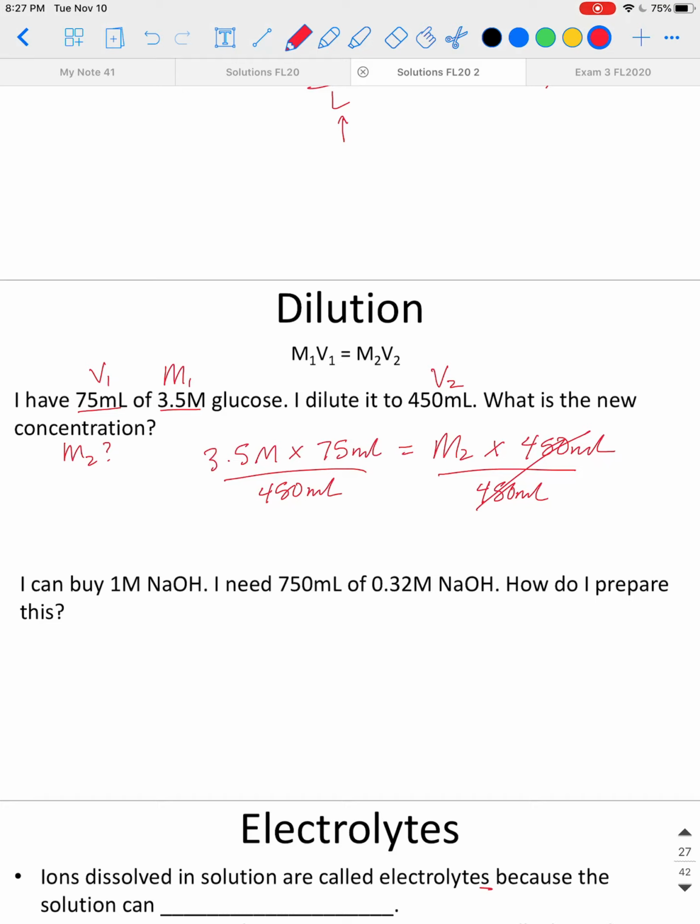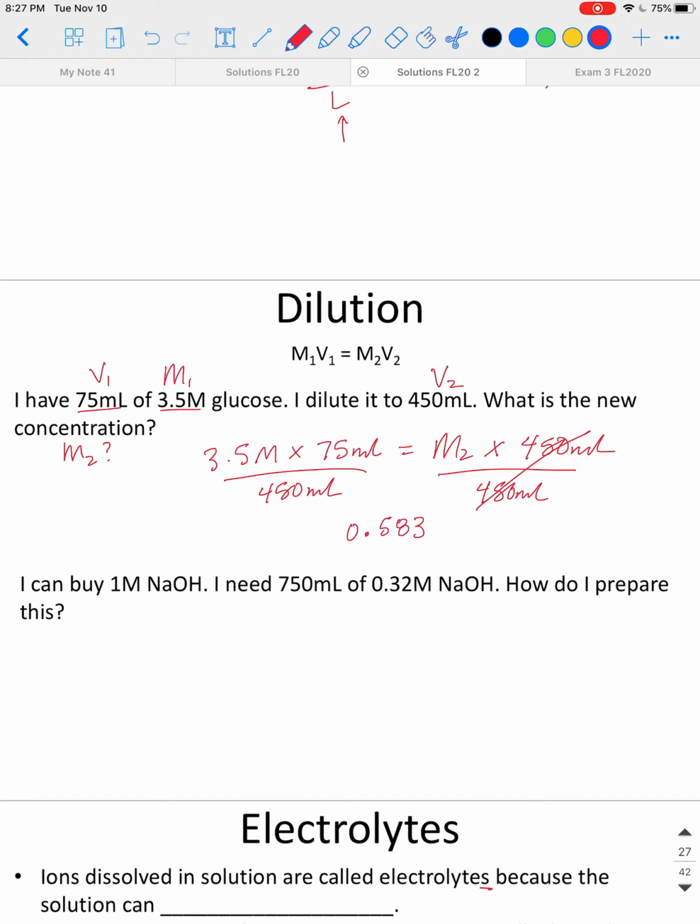So then the problem becomes 3.5 times 75 divided by 450. You should get 0.583 molar. That is M2. And remember, this is moles of glucose per liter of solution. If you had to define that, you would need to know that.